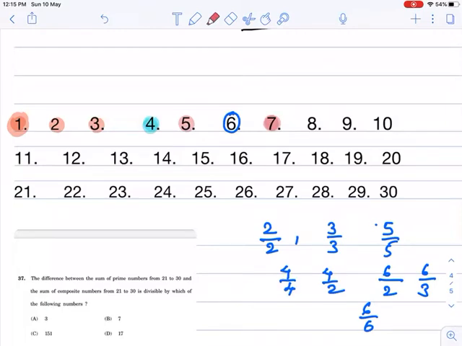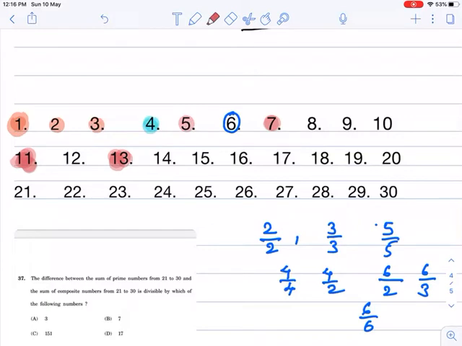7, then 8 is divisible by 2, 4, 9 is divisible by 3, 10 is divisible by 2, 5, 11 is not divisible by any other number. 12 is divisible by 2, 6, 13 is not divisible by any other number except 13. 14 is divisible by 2, 7, 15 is divisible by 3.